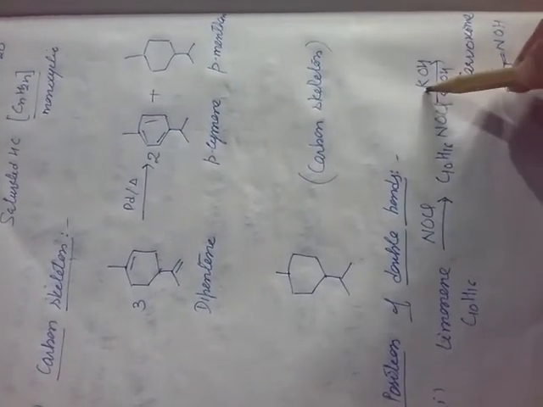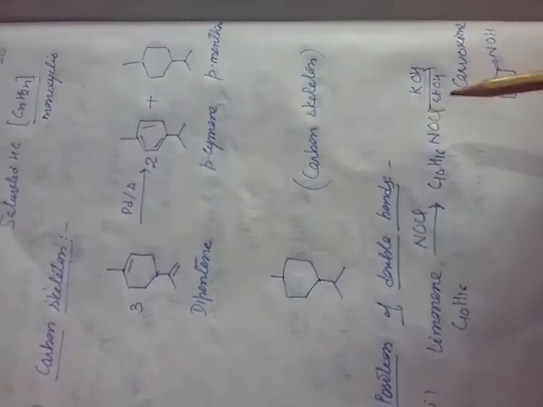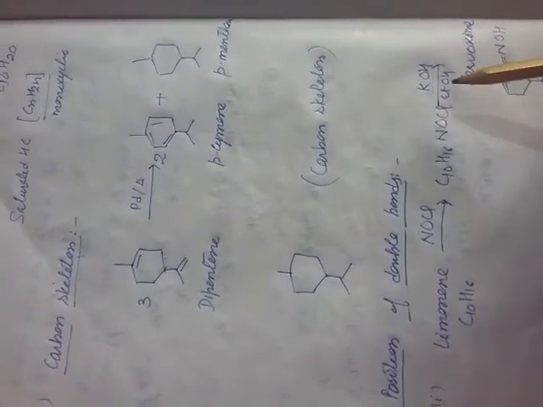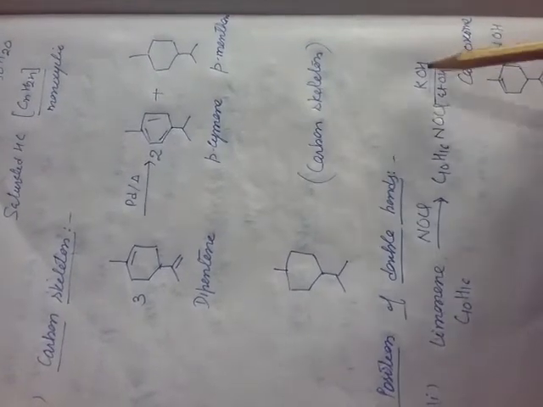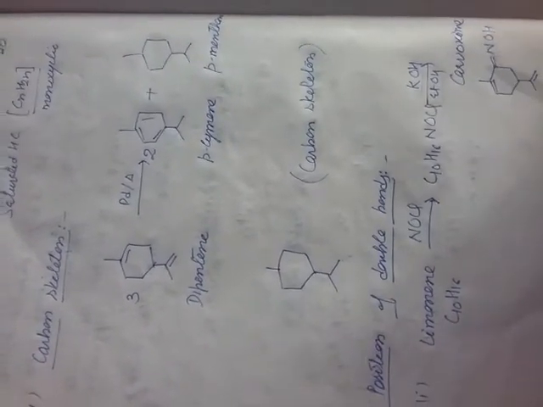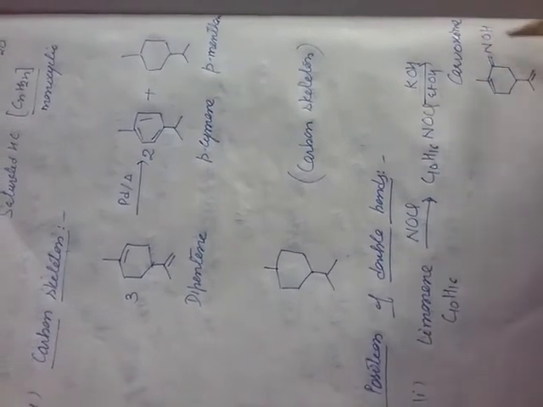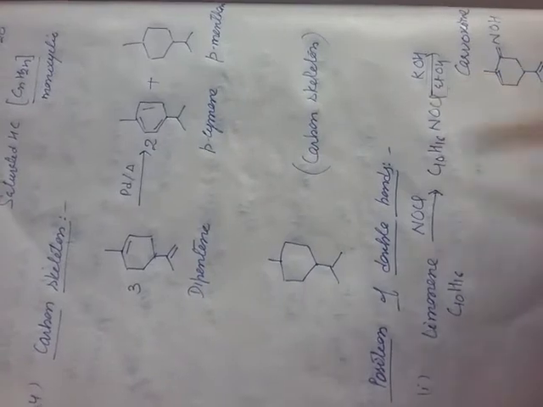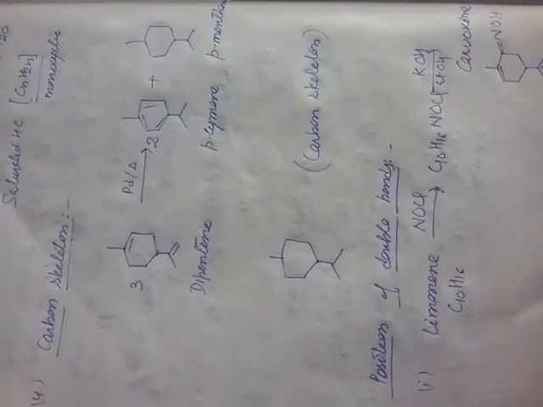When this limonene nitrosyl chloride is reacted with alcoholic KOH, EtOH meaning alcohol and KOH meaning potassium hydroxide, it gives carvoxime, and the structure of carvoxime is well known. This is the structure of carvoxime. From this, we can go retro and get the structure of limonene.